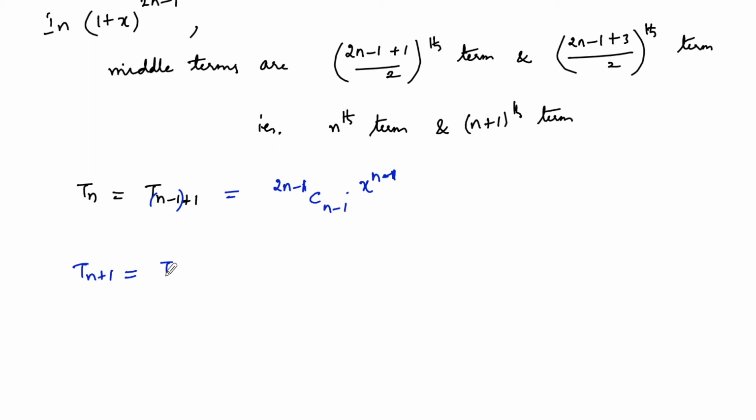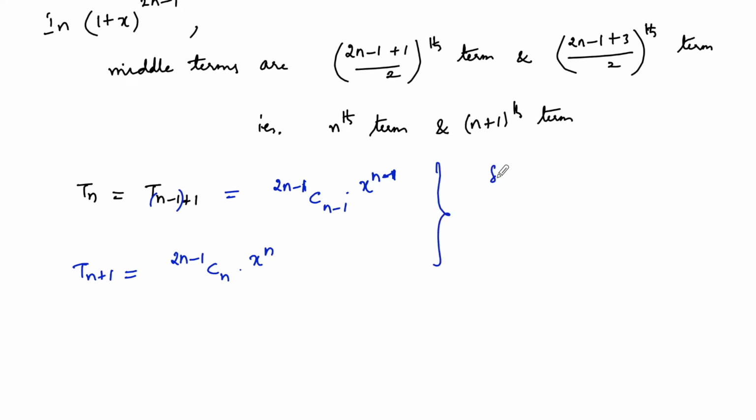We can take r as n - 1, so it is 2n-1 C_(n-1) into x^(n-1), and T_(n+1), we can take r equal to n, so we can write 2n-1 C_n x^n.